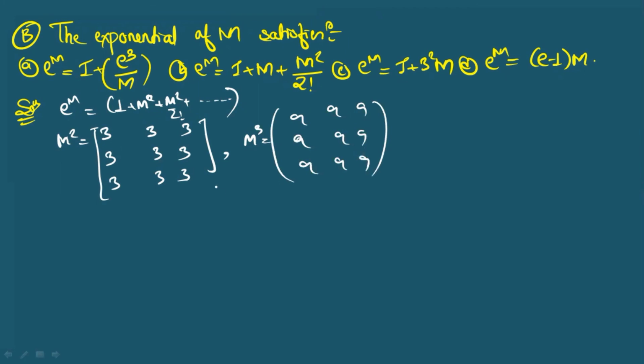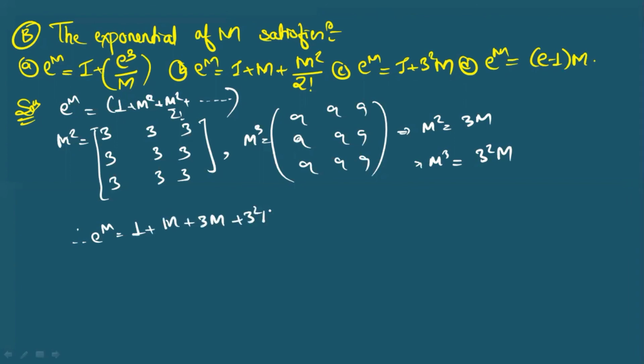Now if you see here, M square equals 3M and M cube equals 3 square M. Therefore, e to the power M is equal to 1 plus M plus 3M by factorial 2 plus 3 square M by factorial 3, and so on.